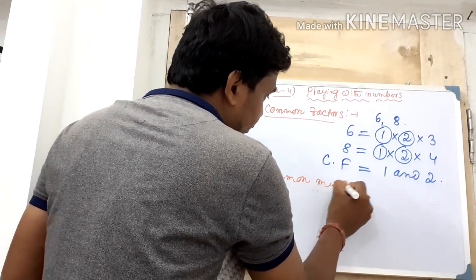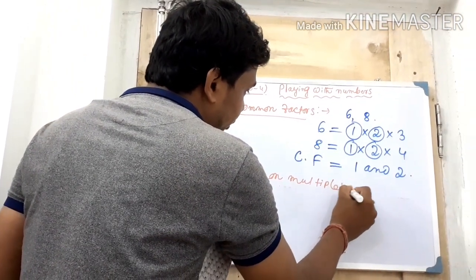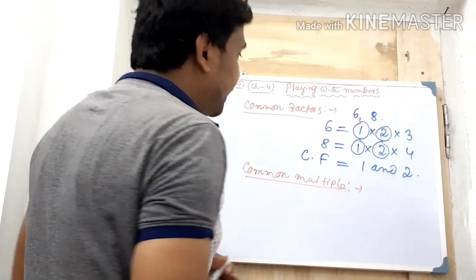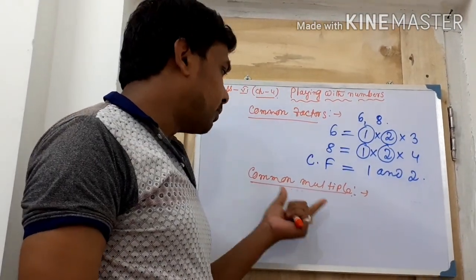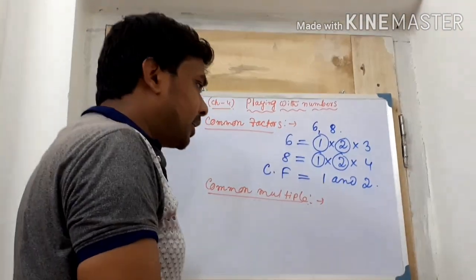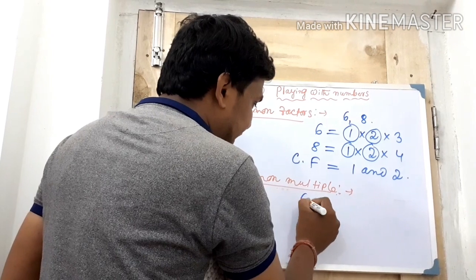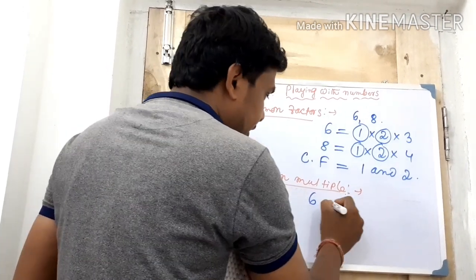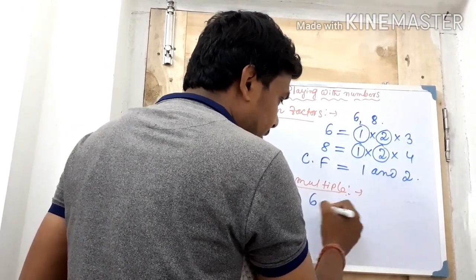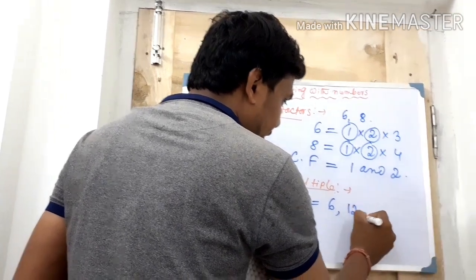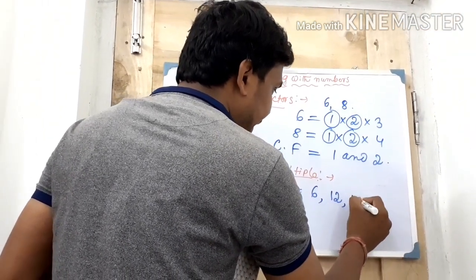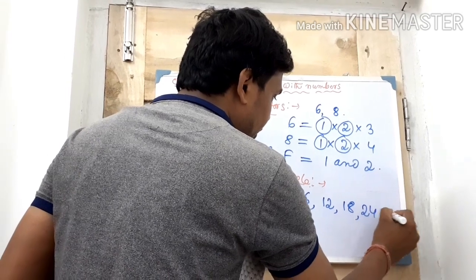Suppose you write down the common multiple here. I am taking the multiples of these two numbers only. So multiples of 6, that means 6, 12, 18, 24 and so on.